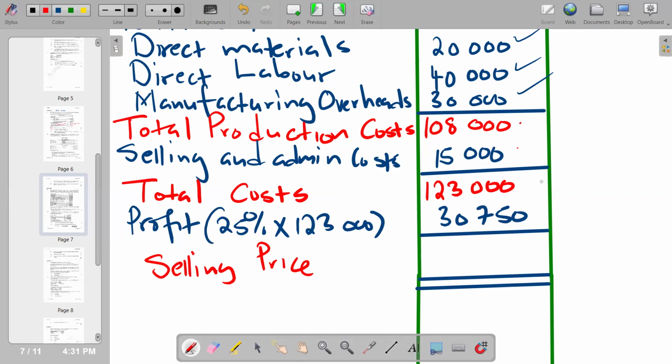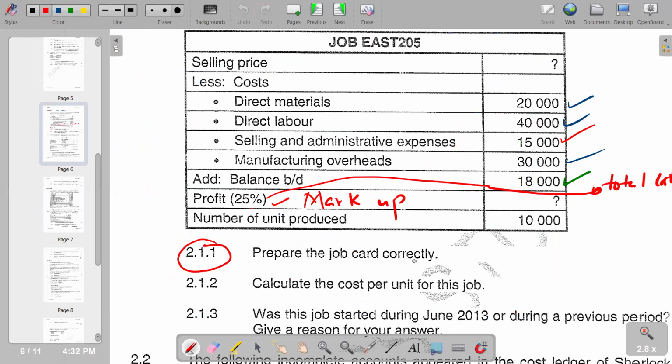At the selling price, we are adding 123,000 plus 30,750, and then your answer is 153,750. So basically, this is what we have in terms of the first part of preparing the job card correctly. The second part requires us to calculate the cost per unit for this job.